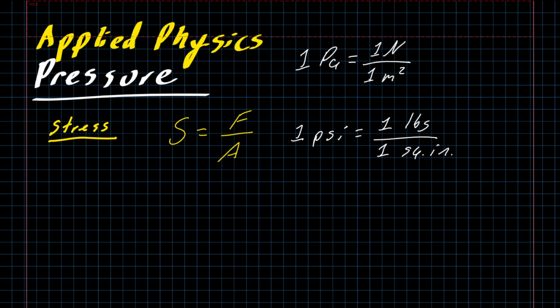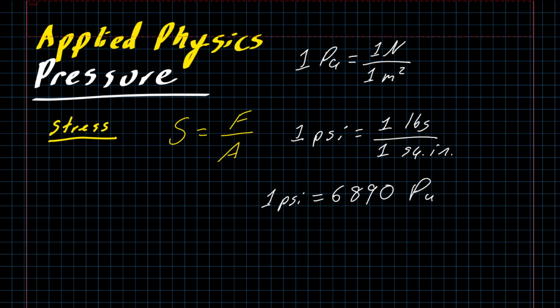Where's the number? There it is. 1 PSI, this is the one that I actually do have on hand. 1 PSI is 6,890 pascals.